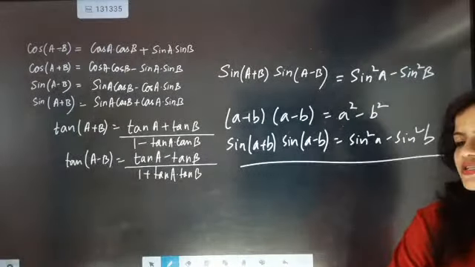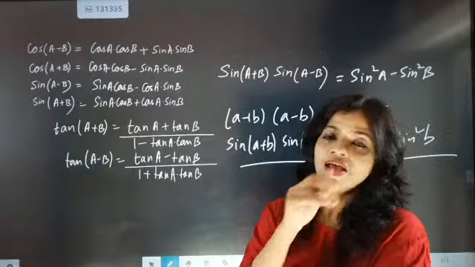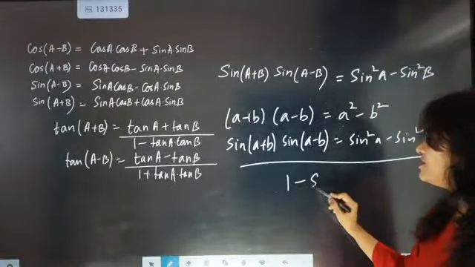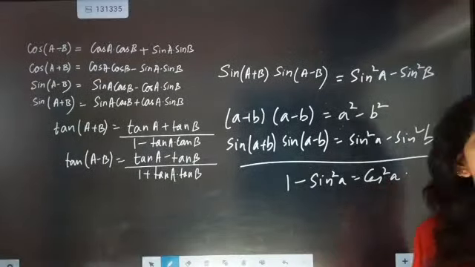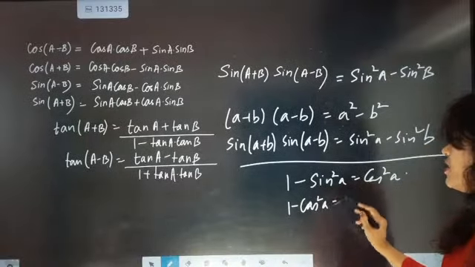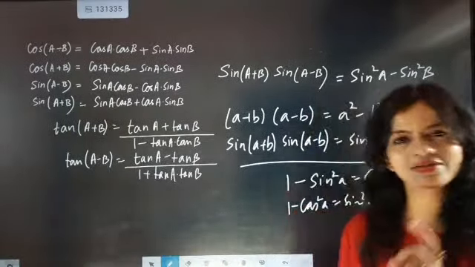And for cos, reverse it. If they tell you to convert in cos, you know that 1 minus sin square A is cos square A, so 1 minus cos square A equals sin square A. Then you can change it.